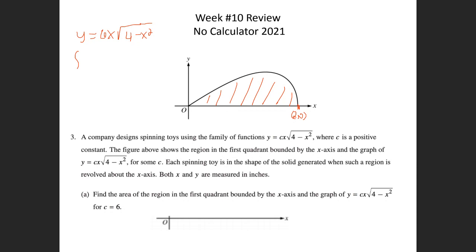I can go from 0 to 2, and this would be 6x square root of 4 minus x squared. Okay, so I've got to solve this thing. I've got to take the integral of this. How would I take the integral of 6x square root of 4 minus x squared? Do you have an idea?